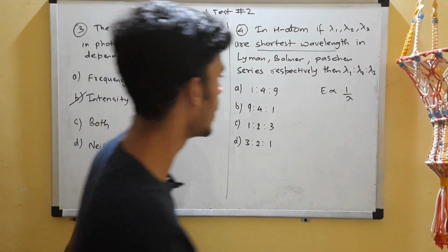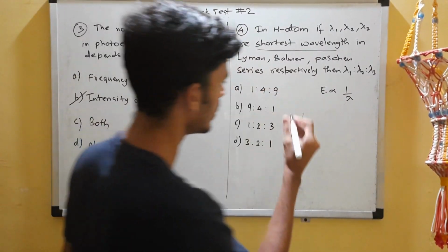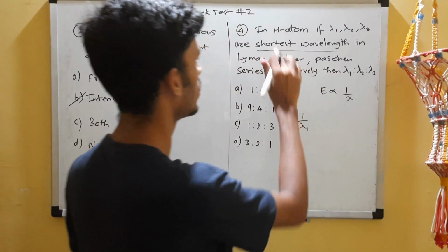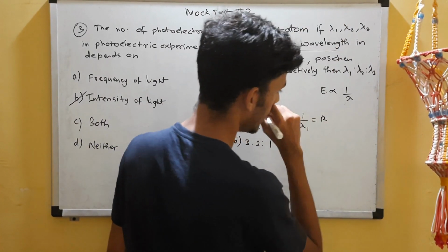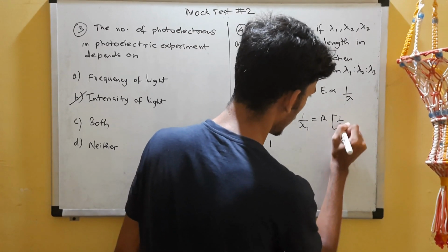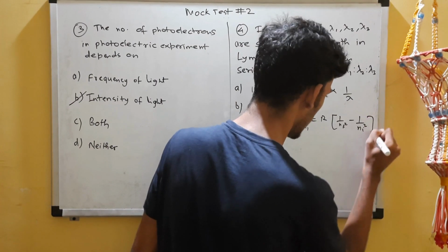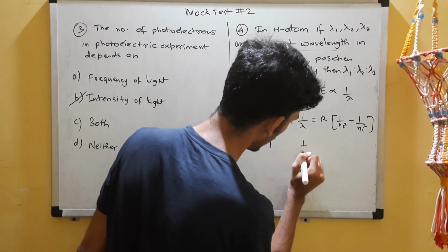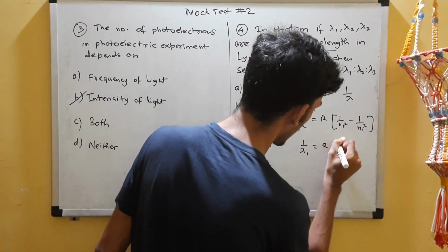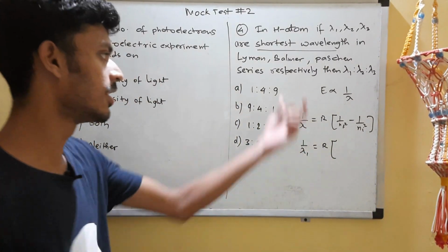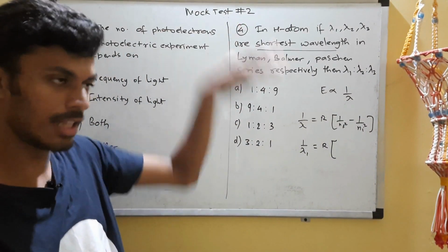Okay, why am I speaking of this? So first of all, let us write it for the Lyman series. For Lyman we have the shortest wavelength as lambda 1. So 1 upon lambda 1, I hope you know this formula, it is R into (1 upon n final square minus 1 upon n initial square). I'll write it generally first. Now let's write it for the Lyman series. Shortest wavelength is lambda 1, and I just told you that shortest wavelength means the biggest energy transition.